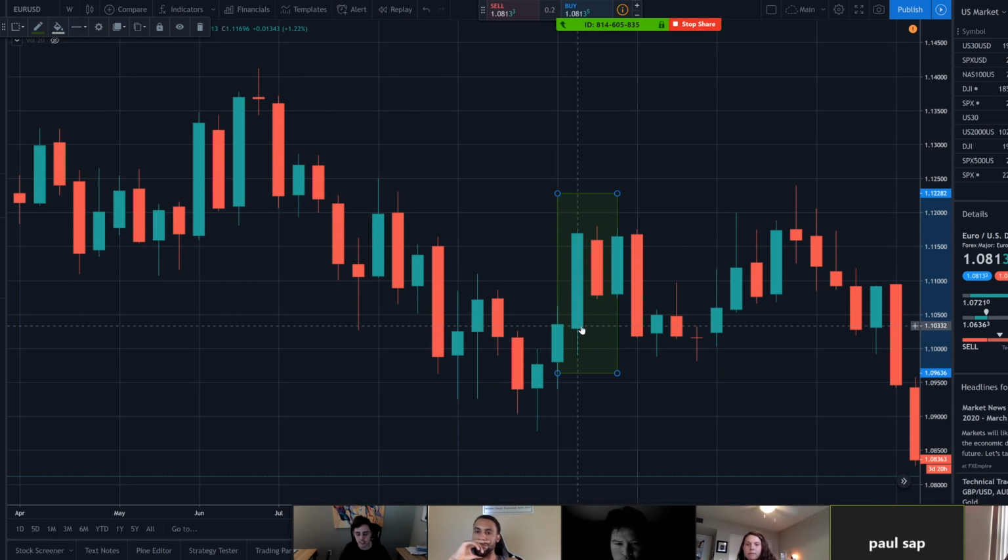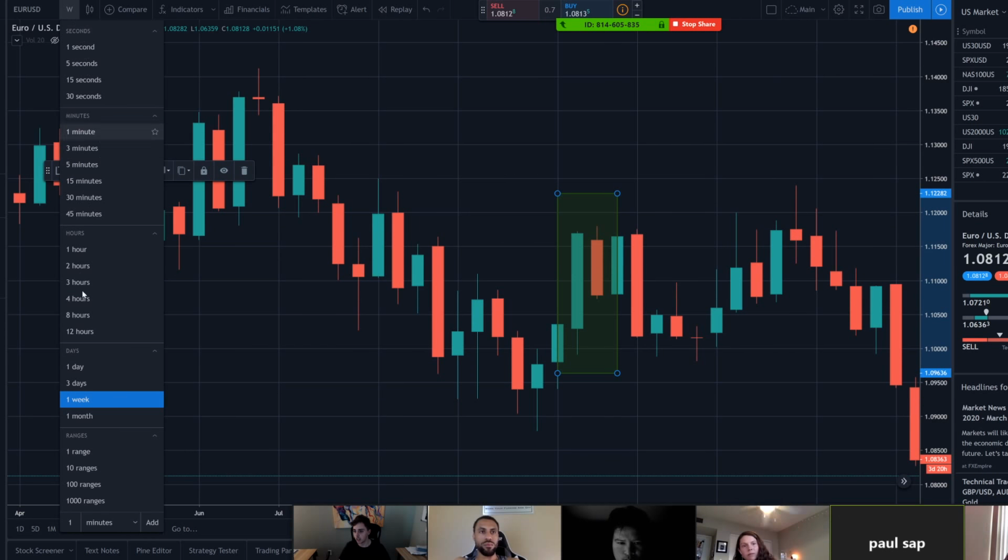So basically, the color is representative of which direction the price moved within that increment. So right now, the increment we're on is the W, or the week. If you want to change that, this is how you would change what increment you want to go to.